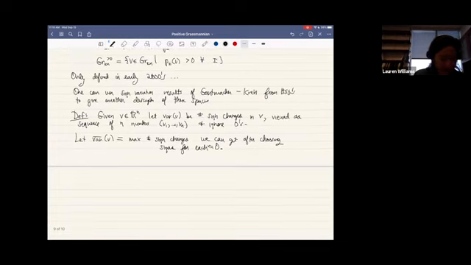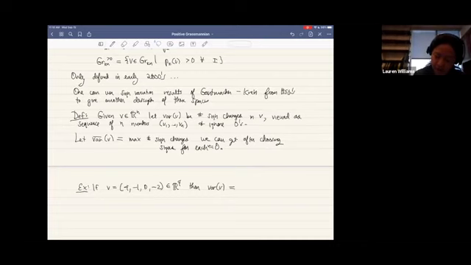As an example, if my vector v is (4, -1, 0, -2), then for var of v, I'm just counting sign changes after ignoring zeros. I see one sign change from positive to negative here, and then I don't see any more sign changes. I ignore the 0 and I just have negative.